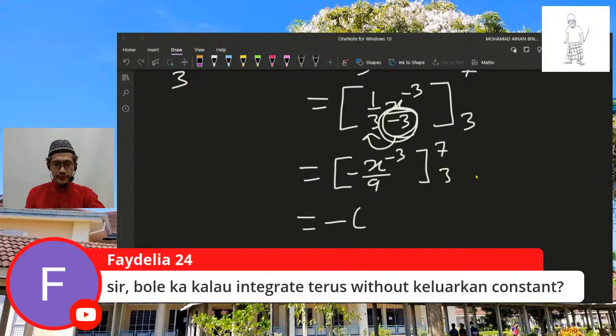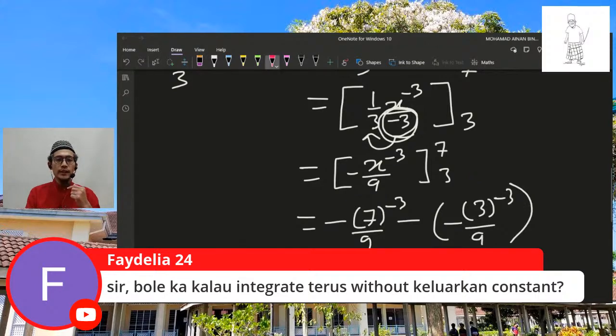Like this: 7 power minus 3 over 9, and then minus 3 power minus 3 over 9. You see over here, so many over 9. So no problem. Actually no problem if you use a calculator. It's just that sometimes mistakes can be made. Thank you for the question.